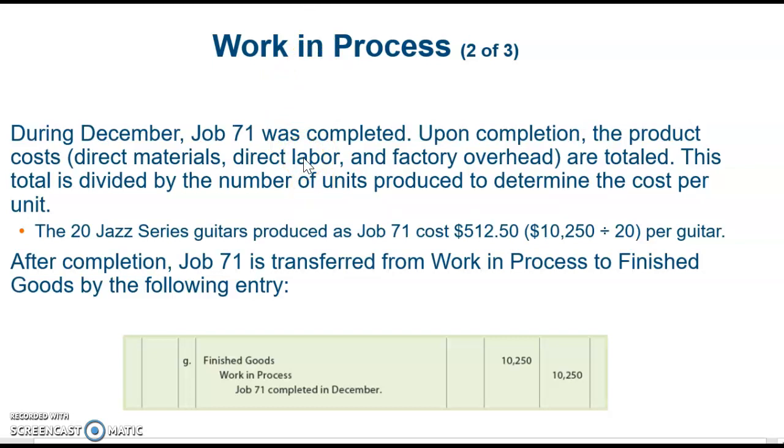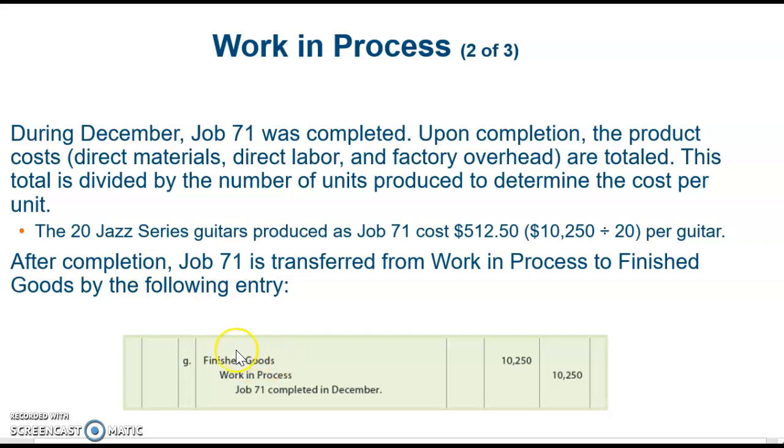I wanted to go back to the slide for just a second because I wanted to make sure that I covered this well enough. So when you move it out of WIP and into finished goods, you do that when the job is complete. So how do you move something out of an asset? You want to move it out of WIP, which is an asset, so you're going to credit it. So you're going to credit WIP and we're going to debit finished goods.